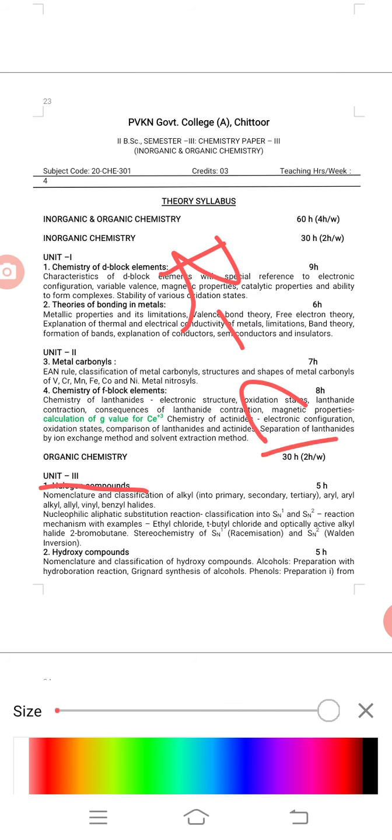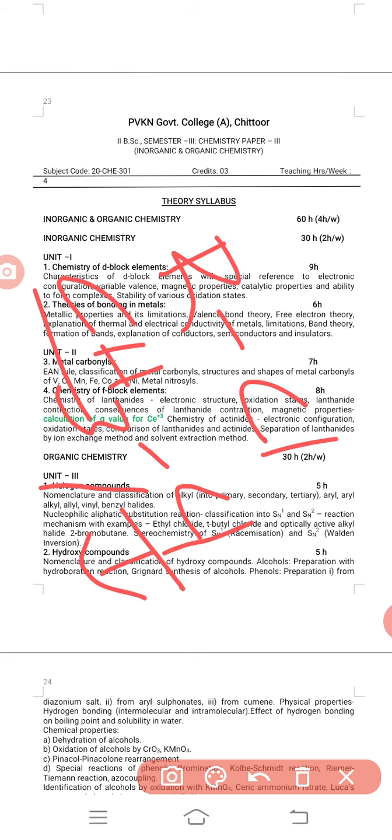Halogens are fluorine, chlorine, bromine, iodine, any one. So here CH3Cl is methyl chloride. According to IUPAC, we write chloromethane. CH3CH2Cl is chloroethane, that is IUPAC nomenclature of halogen compounds.